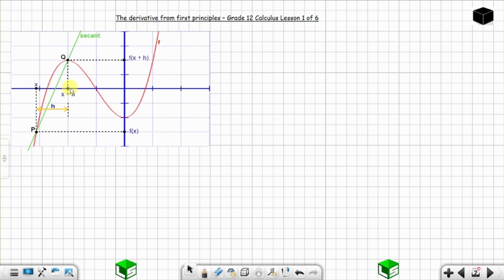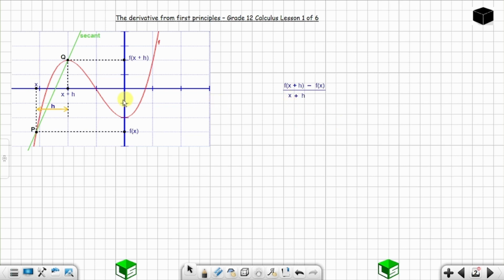So h is the value which is added from the previous point on the x-axis to get the next point on the x-axis. So to find the gradient, you know that you need the change in y and the change in x. So the change in y is f of x plus h minus f of x, over the change in x, which is x plus h minus x.